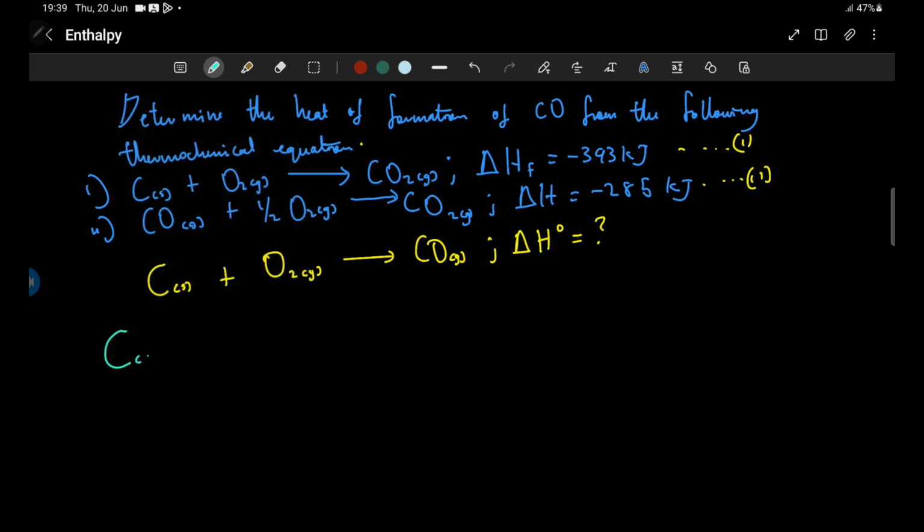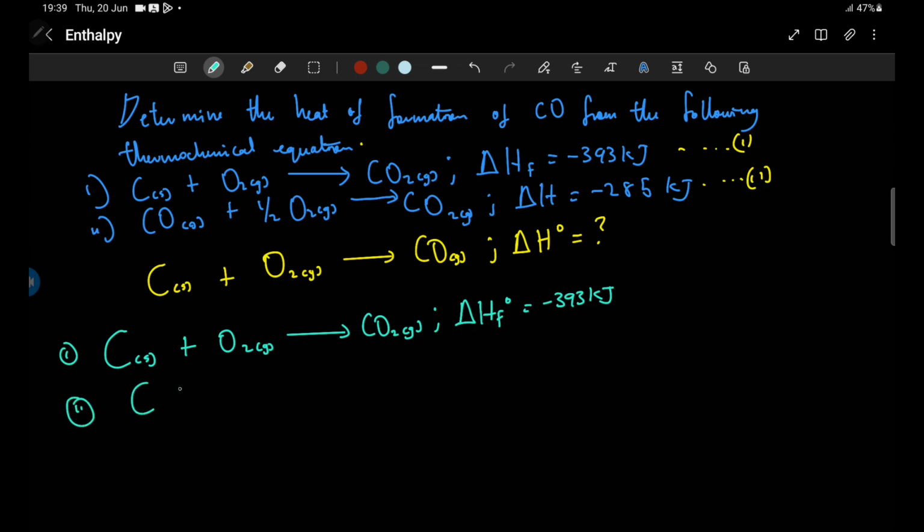Let's say we've got equation 1, which is carbon reacting with oxygen to give us carbon dioxide, and then the heat of formation for this is minus 393 kilojoules, and we'll reverse the other one. This is equation 1. Let's reverse equation 2. The product will become the reactant, and that's just what we mean here. And then you have CO, which is gas, carbon monoxide, plus oxygen.